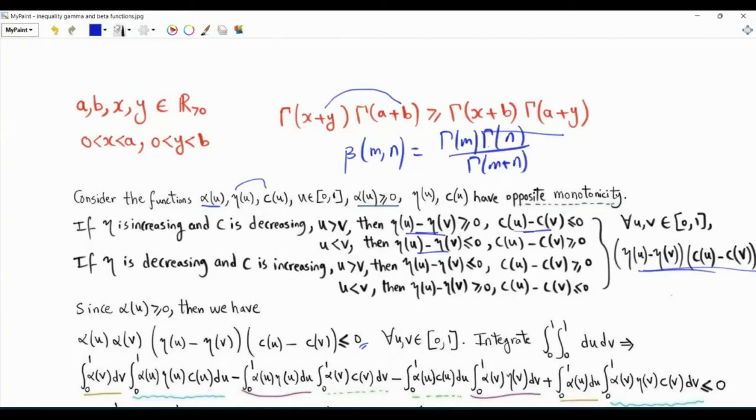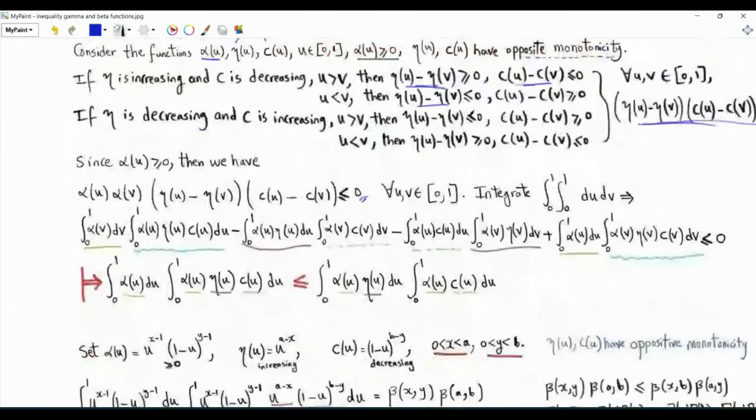So the beta function is related to the gamma function, and the beta function has several integral representations. One of them is that beta m and n is an integral from 0 to 1, t to the power m minus 1, 1 minus t to the power n minus 1 dt. And so basically this is the function that we will use in our way to prove the inequality for the gamma function.